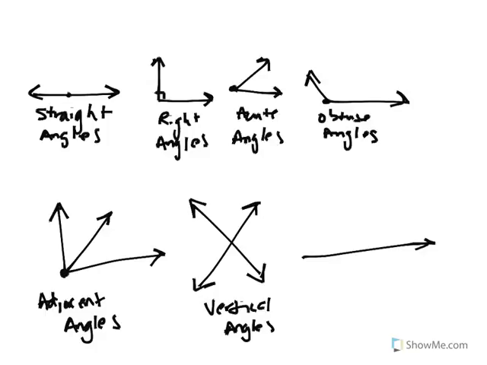And we have a linear pair, which is 2 angles that fall on a straight line. And that is what we learned about angles today.